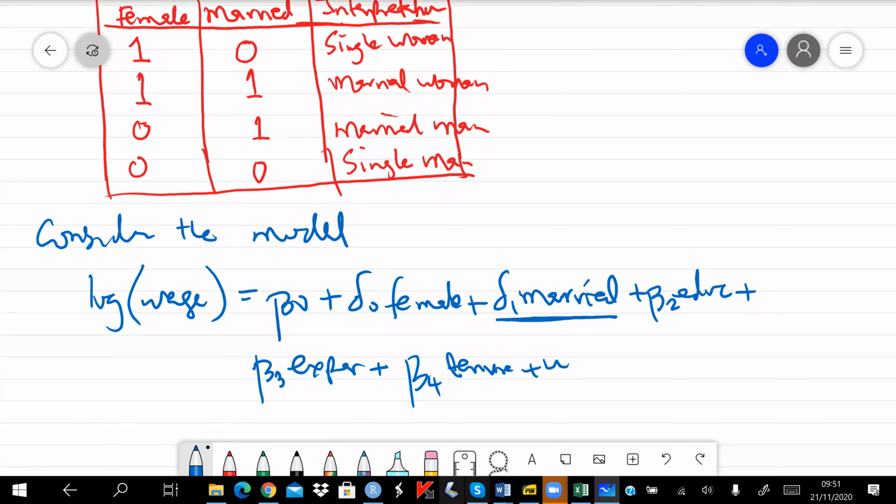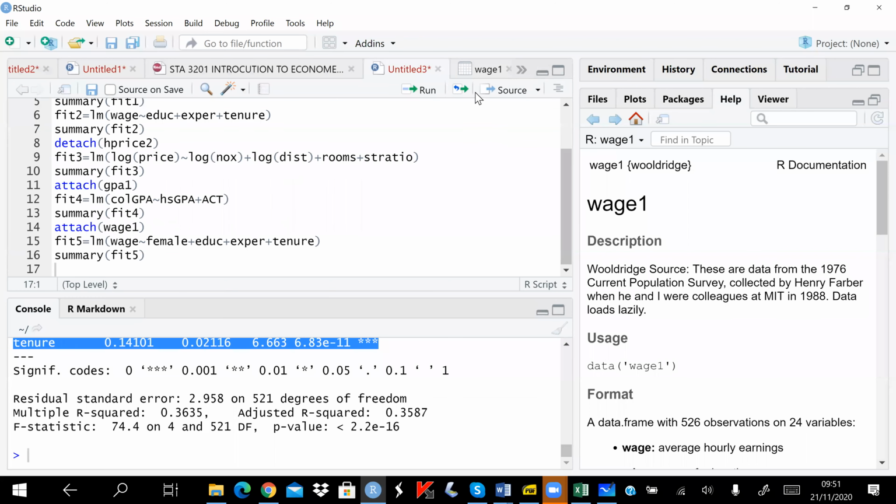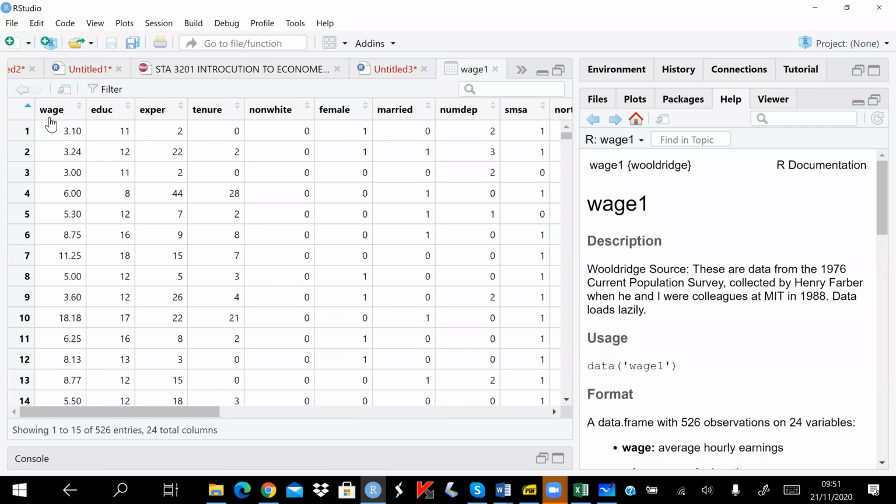I can illustrate how the data looks because I have it somewhere here. So this is the data that we are working with, the wages data. As you can see, we have the wage, education, all these are continuous variables, the tenure, then we have non-white. This is an example of a dummy variable. A given individual is either non-white or white. So in this column, you expect a 1 if the person is non-white and 0 if the person is white.